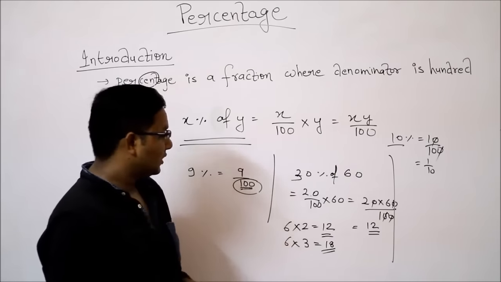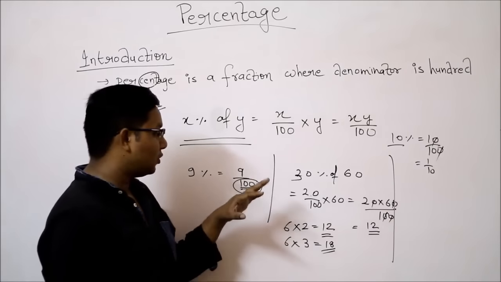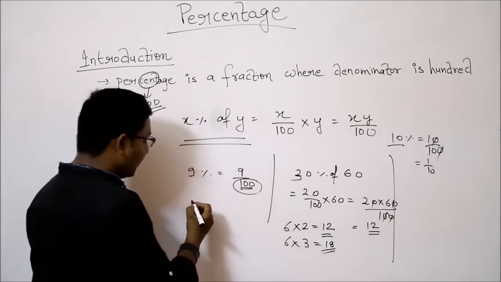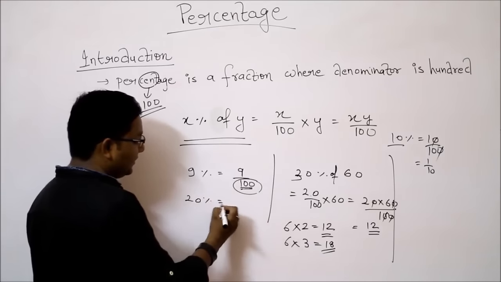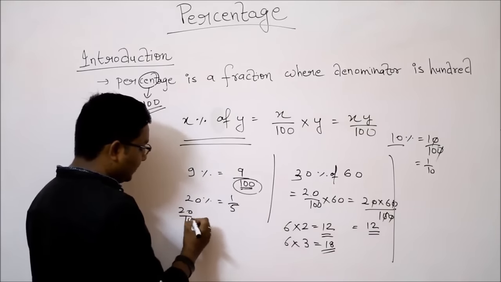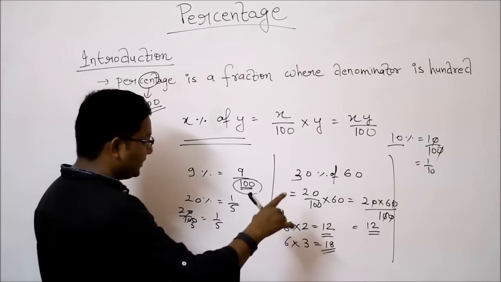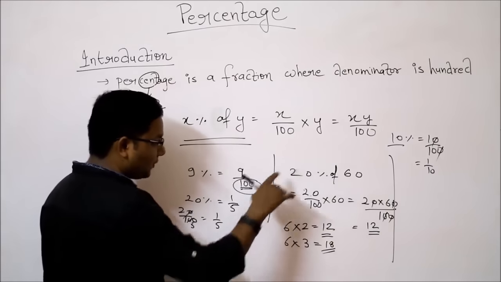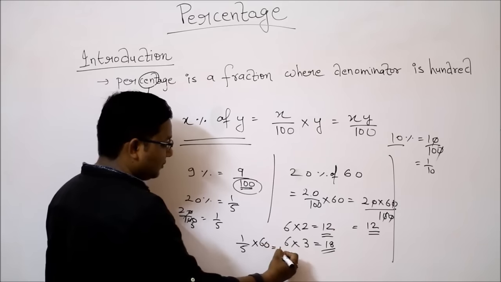One more thing to note is that you also have to use fractions. What is 20%? 20% is 1 by 5, because 20 by 100, and 20 into 5 is 100. So 20% of 60 is 1 by 5 into 60, that equals 12.